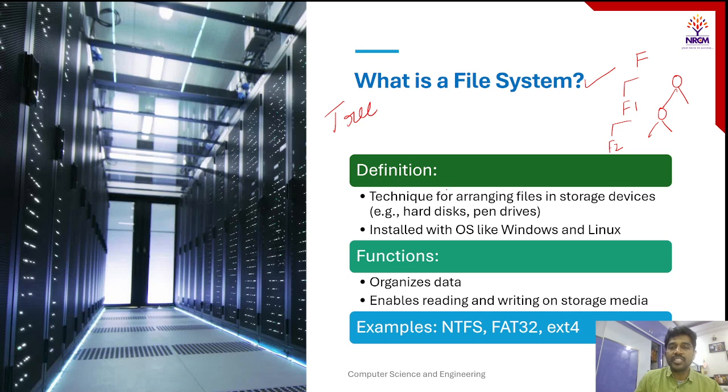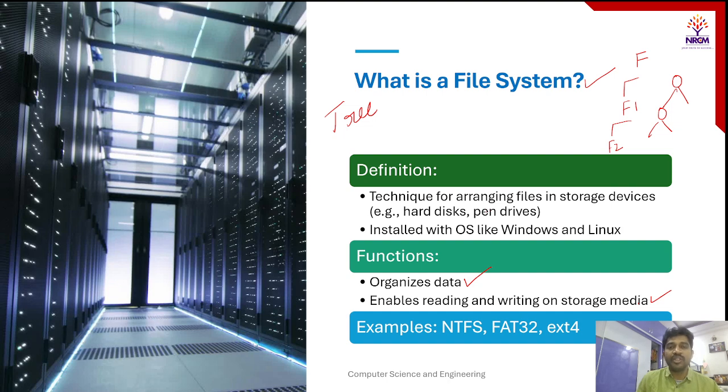When it comes to the definition, the file system is a technique for arranging the files in the storage devices, right? Simple. Storing your files in your folders is called a file system. The main thing is that it organizes the data and enables reading and writing on the storage media. The file system comes with the OS. You are not going to install any separate software for the file system.